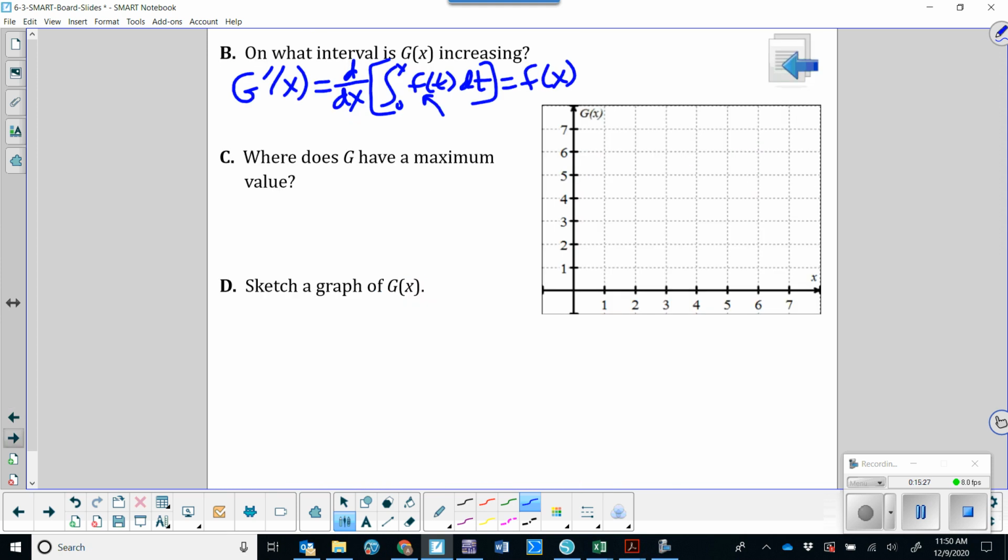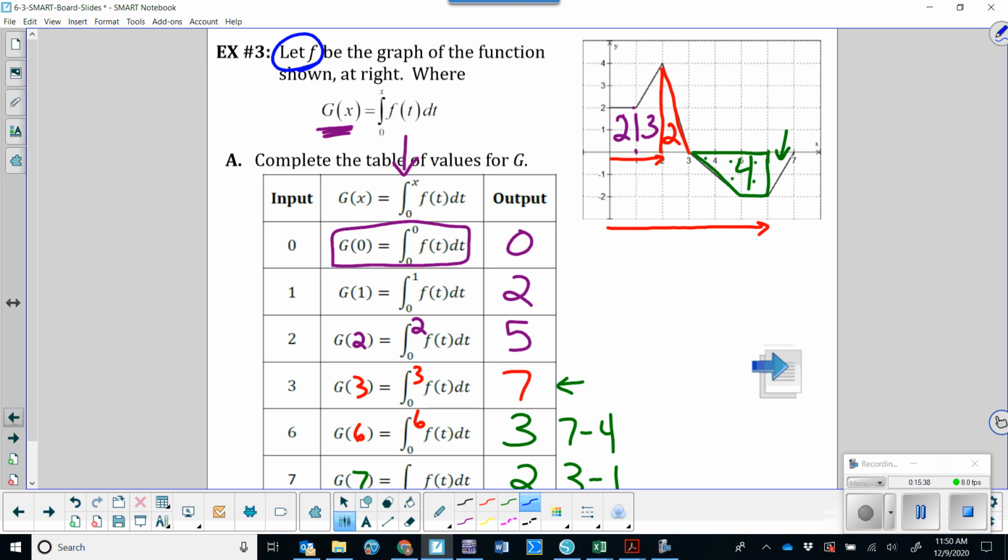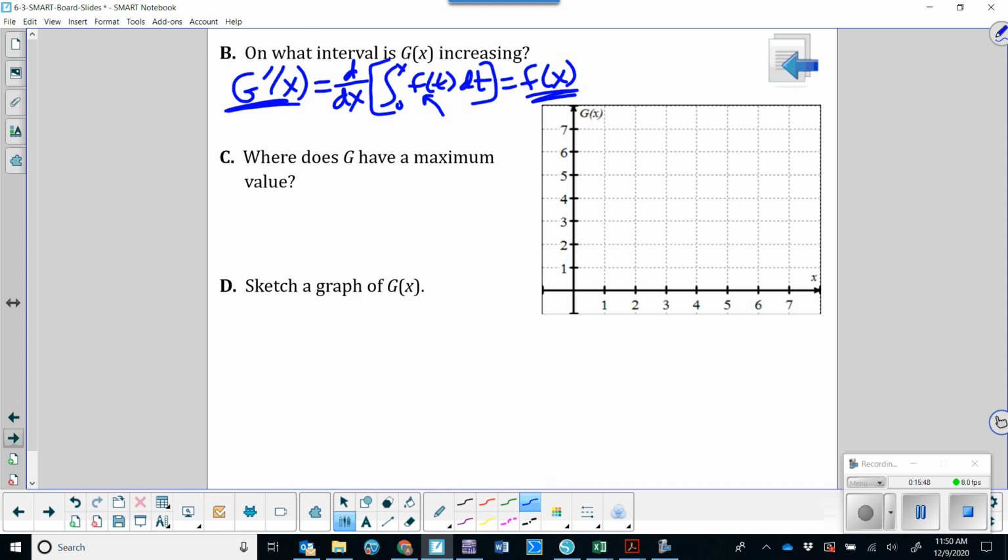If I want to know when g is increasing, I want to know when its derivative is positive. Well, its derivative is just f of x. So when is this graph, which is f of x, when is it positive? Well, it's positive from 0 to 3. So our answer would just be, on what intervals is it increasing?